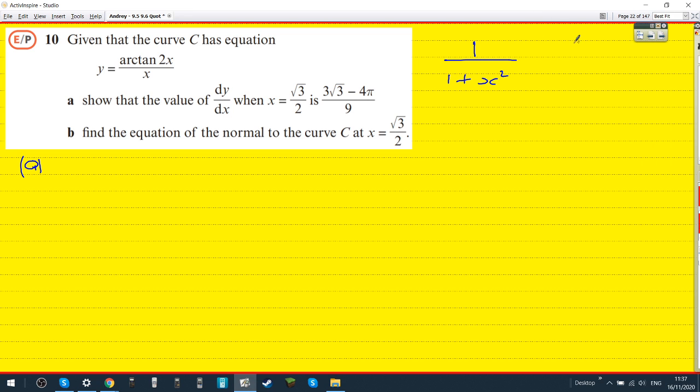So that is the derivative of arctan, 1 over 1 plus x squared. And so we could do quotient rule. Is that where it's vu dash minus uv dash over v squared?